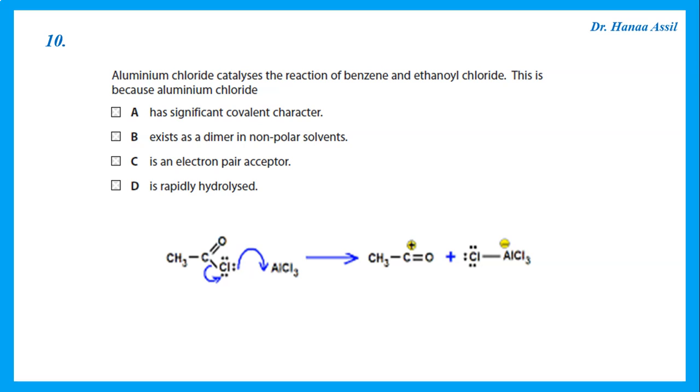This is because the aluminium chloride is an electron pair acceptor. So it accepts an electron pair from the chlorine, breaks it off from the chloro compound we're reacting to form a positive electrophile, and then this positive electrophile can go on and react with the benzene.